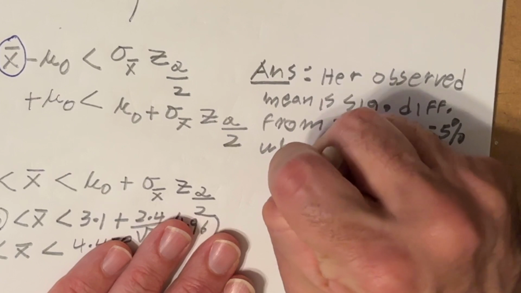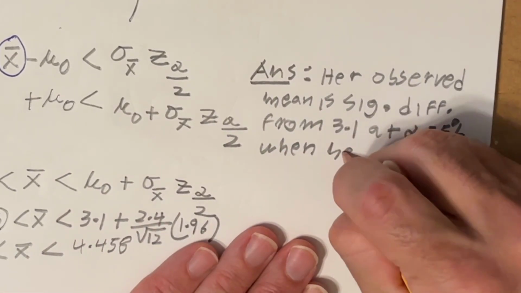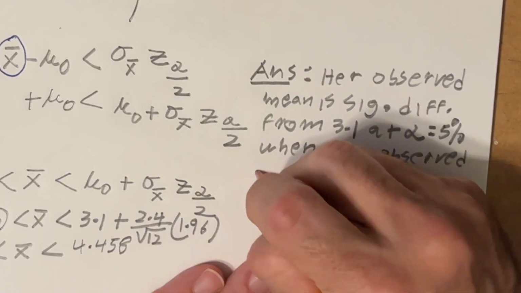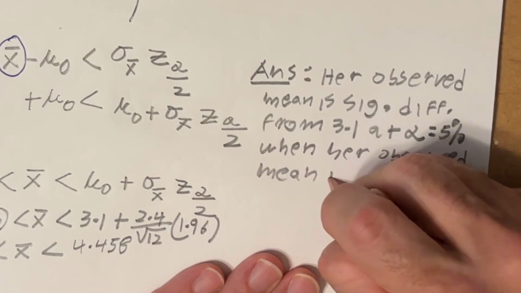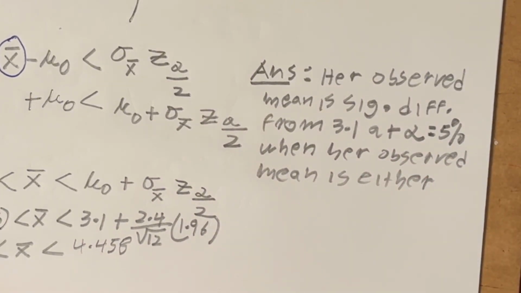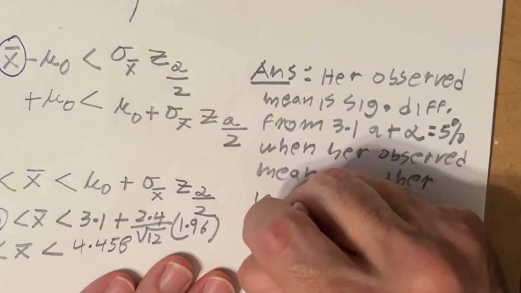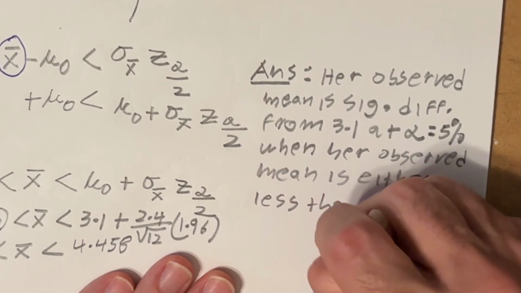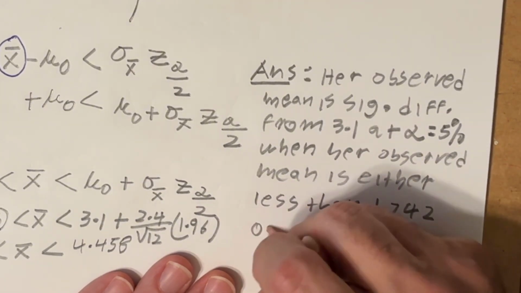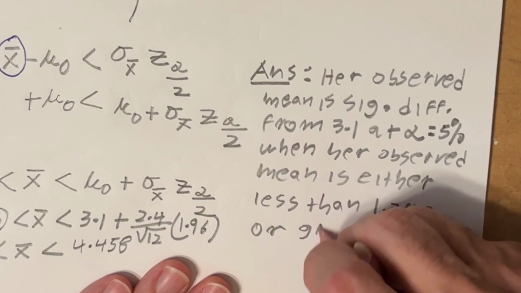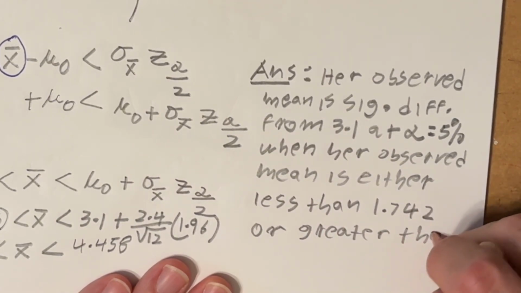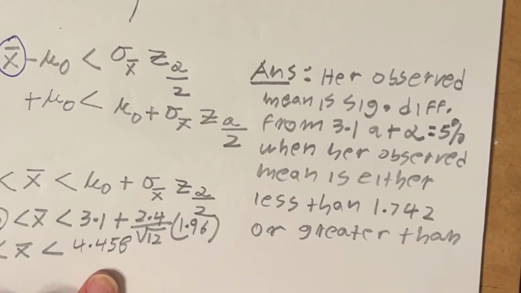When her observed mean is either less than 1.742 or greater than 4.458.